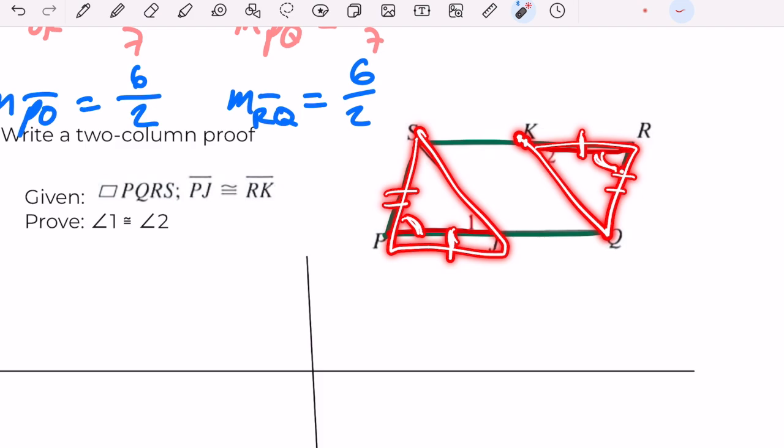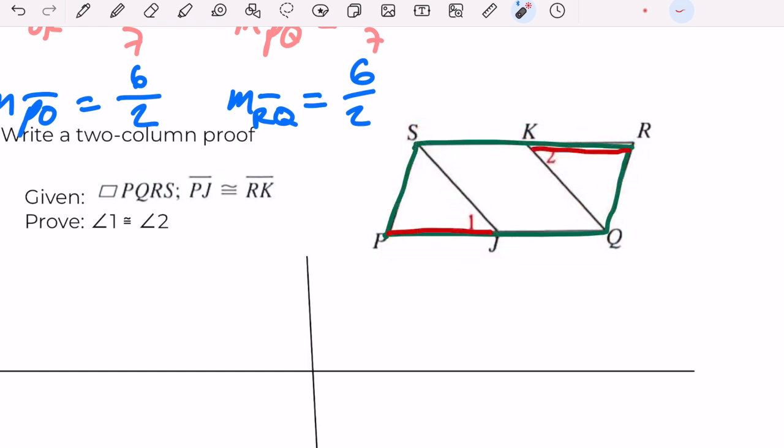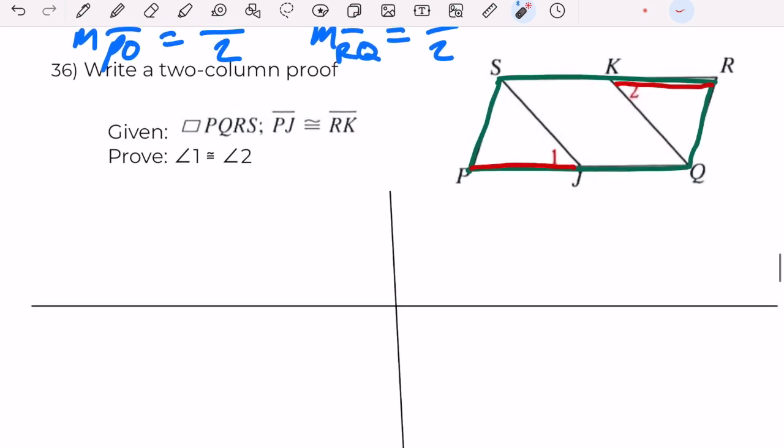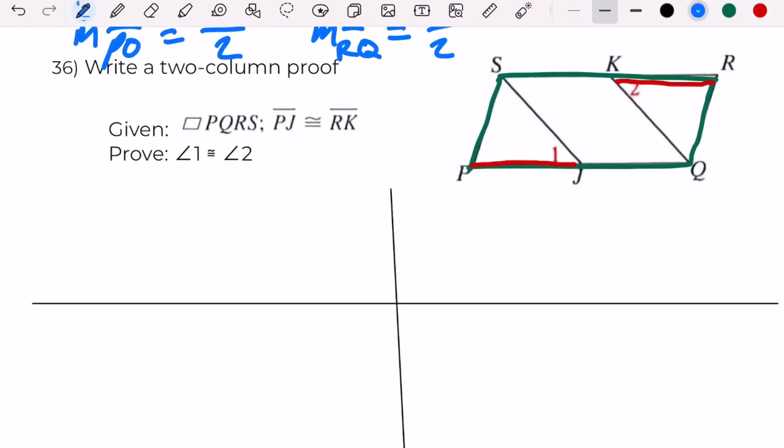And then we know that P and R are congruent because they are opposite angles in a parallelogram. Finally, angle 1 and angle 2 are corresponding parts of congruent triangles, so they are congruent. So that is our plan, to prove that SPJ and QRK are congruent. Beautiful.